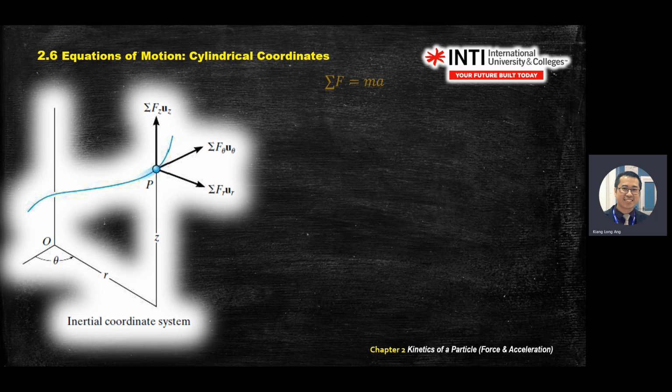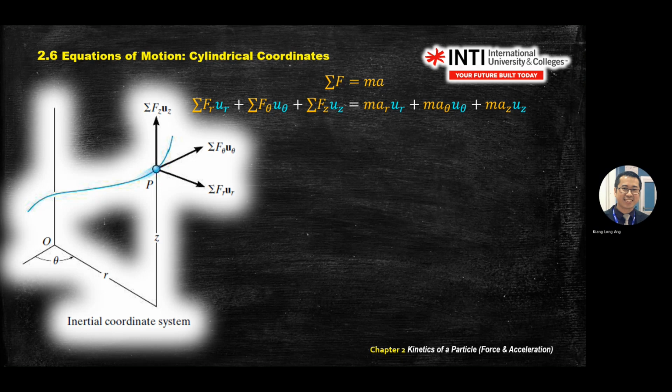Direction is important. Same F equal to MA, but this time you're referring to R, theta, and Z. You group them in the same group: R means R, theta means theta, Z means Z. If the object moves on the plane and does not move up and down, your Z direction is 0.